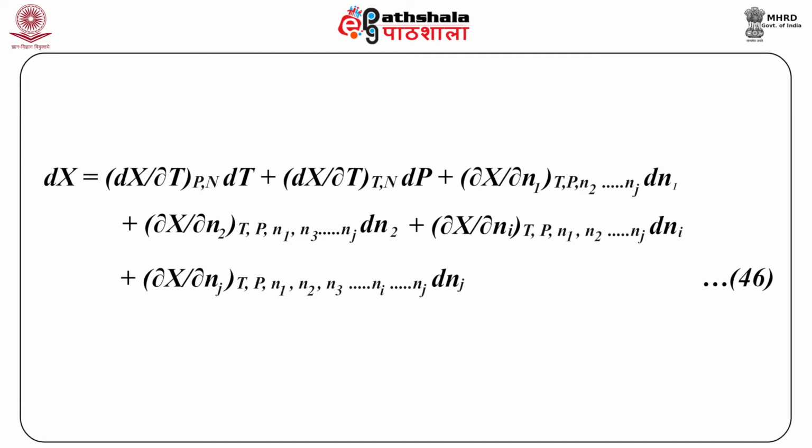This quantity (dX/dni) at constant T, P, n1, n2 up till nj is called the partial molar property of the ith component. This is also represented as X̄i.